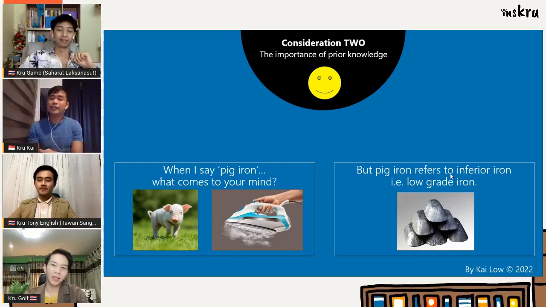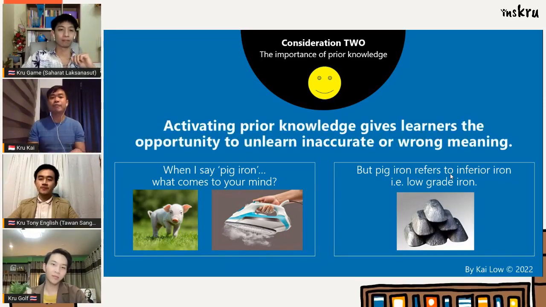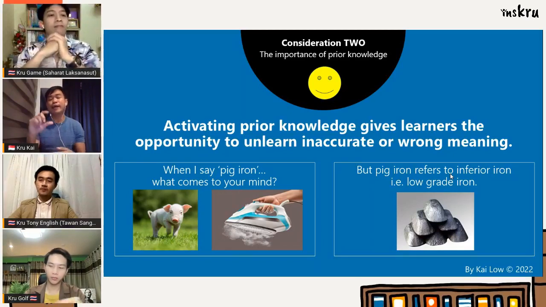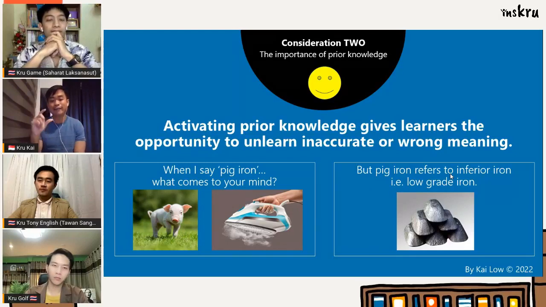And I really wanted to share this example with you because whatever we're teaching, whether it's English or other subjects, and whatever level that we're teaching, whether primary school or high school, the point is this, right? When we activate prior knowledge, it gives us that important opportunity to recognize what are some inaccurate or wrong meanings that the students have, and we can help them to unlearn and correct that meaning.